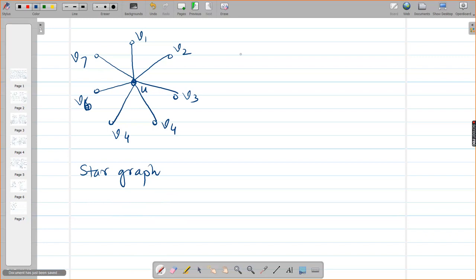It's a bipartite graph because you can have the bipartition as U in one set, and in the other you can have V1 up to V7. Okay, so there is an edge from U to every other vertex: UV1, UV2, UV3, UV4, UV5, UV6, UV7. Isn't it?